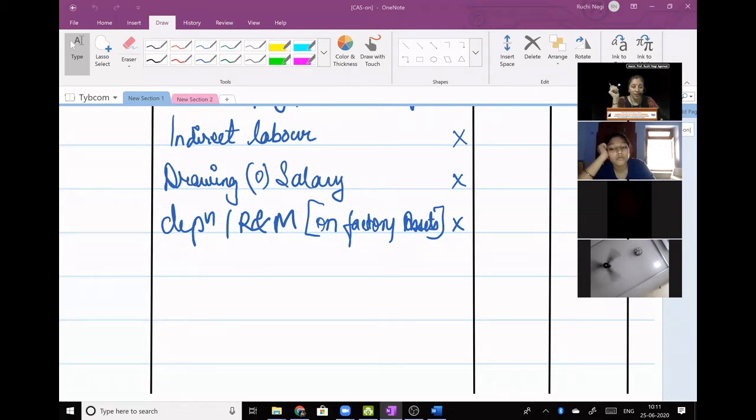I said depreciation and repairs and maintenance on factory assets, and as per CAS 1, factory assets include factory building, factory premises, factory equipments, plant and machinery, and I used the words loose tools. What are loose tools?